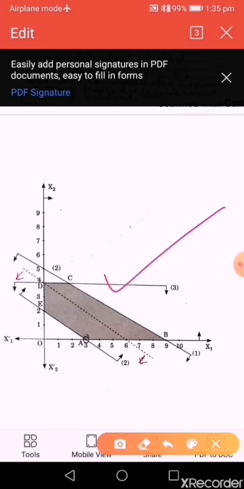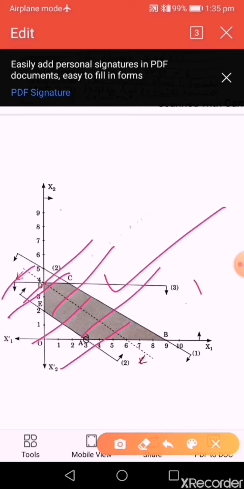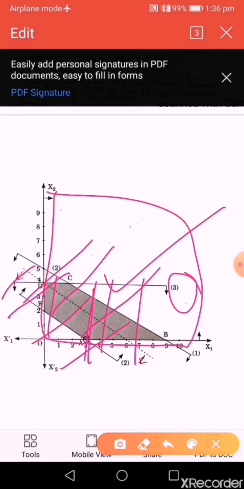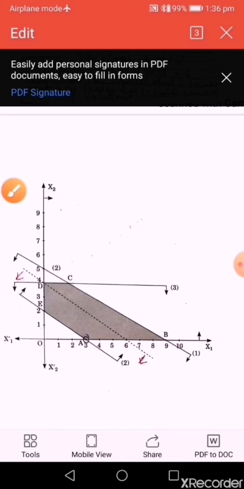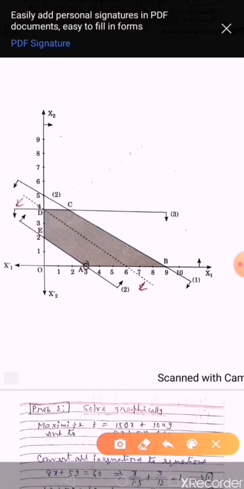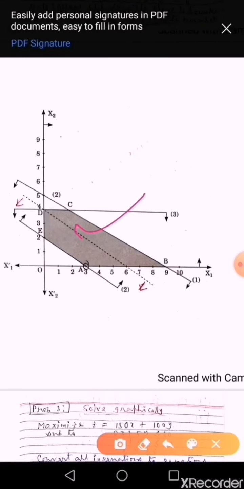And if we draw the region now, for this line, this will cover this portion. For the second inequation, this will cover this one. And for the third one, this will cover the below portion, and the entire positive quadrant. So this is our feasible region, as indicated in the black shade here.